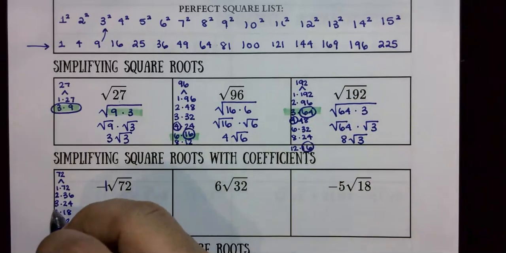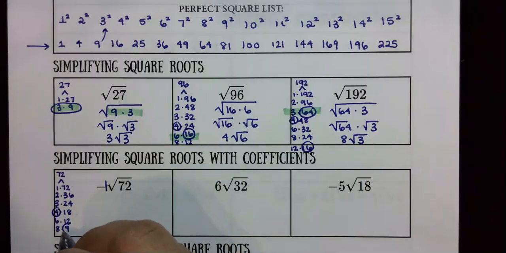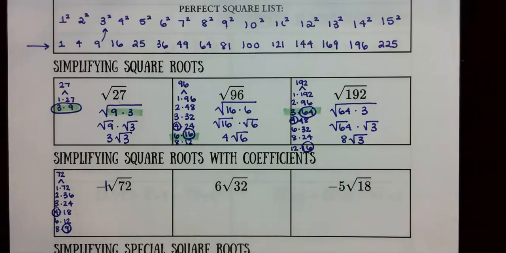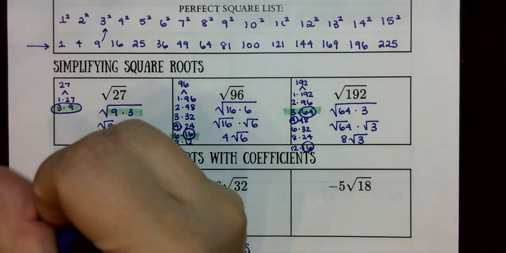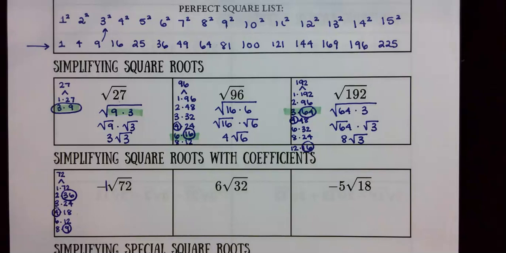I automatically see the 4. I also see the 9. But before you focus on either the 4 or the 9, look one more time through the list and you're going to notice that 36 is also here. So 36 is going to be the biggest perfect square. And in order to get 72, it's going to be 2 and 36.